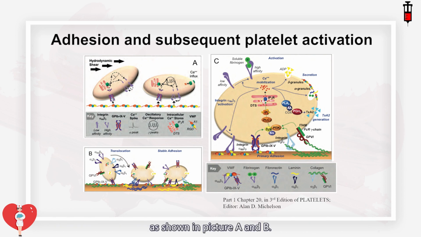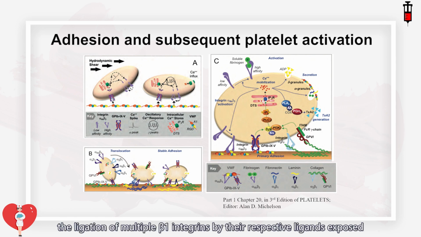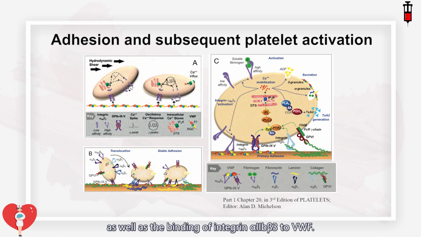As shown in picture A and B, the picture C here depicts stable adhesion and requires additional adhesive interactions, including GP6 engagement of fibrillar collagen, the ligation of multiple beta-1 integrins by their respective ligands exposed in the subendothelium, alpha-2 beta-1 to collagen, alpha-6 beta-1 to laminin, alpha-5 beta-1 to fibronectin, as well as the binding of integrin alpha-IIb beta-3 to VWF.